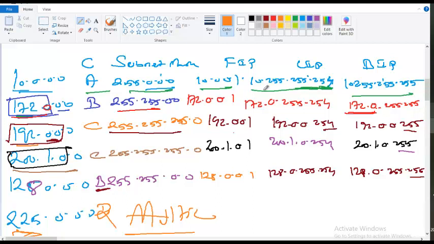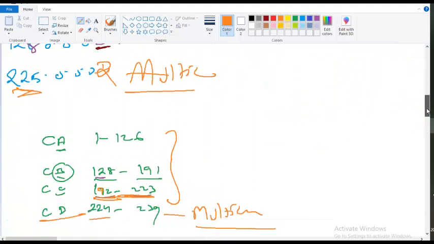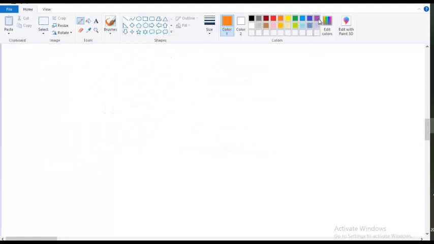Okay, let me answer that question. It's a nice question. Why did you get that confusion? It's because I failed to say this. It is definitely easier with class C, but whether it is A or B or C, the host part will start from small to big. For example, if you are given 3 bits, which one is small?